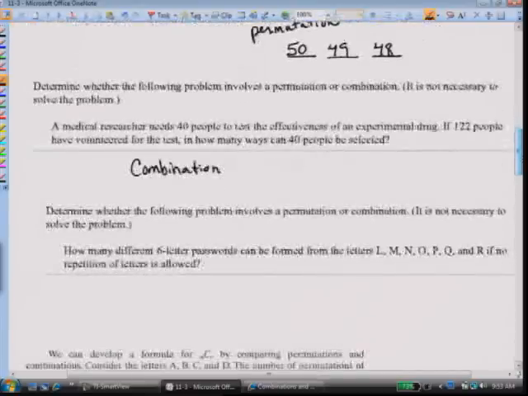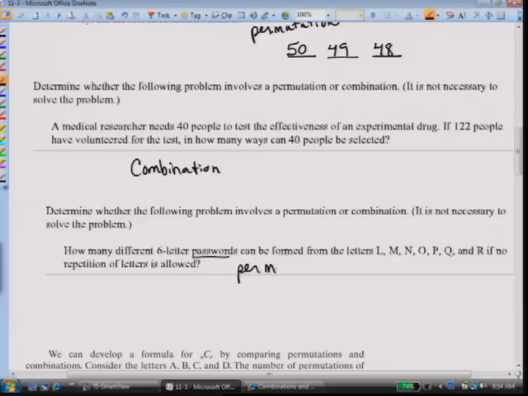How many different 6-letter passwords can be formed from the letters L, M, N, O, P, Q, R if no repetition of letters is allowed? Is that a combination or a permutation? Permutation. Good. And you may think about why that's a permutation. You've got 1, 2, 3, 4, 5, 6, 7 letters to pick from.